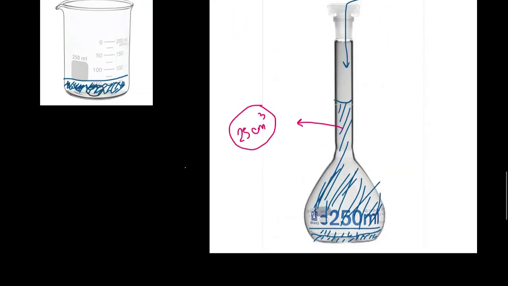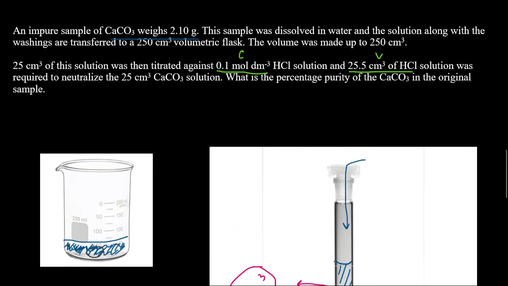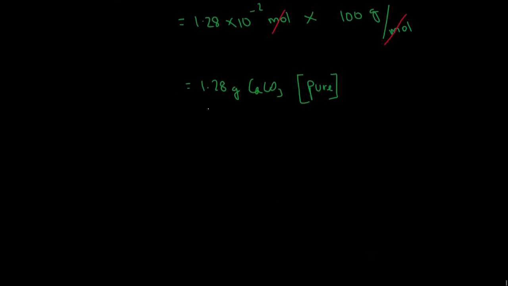So in the original sample, I took 2.1 grams. So this 2.1 gram is calcium carbonate and some impurities. So now I know that the calcium carbonate is only 1.28 grams.